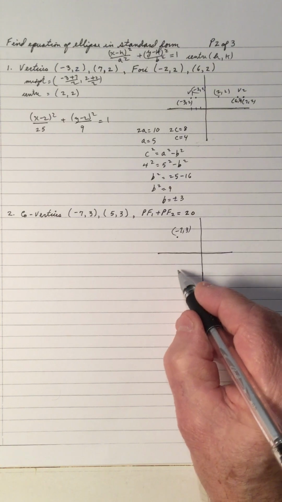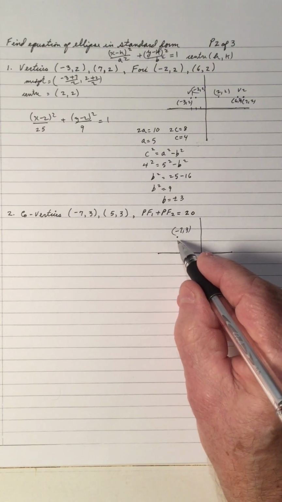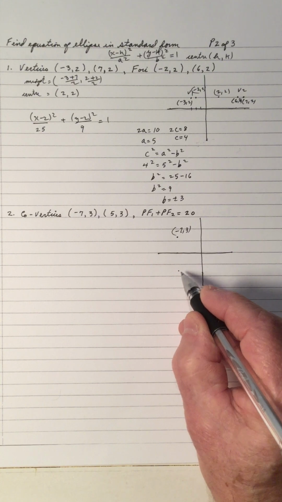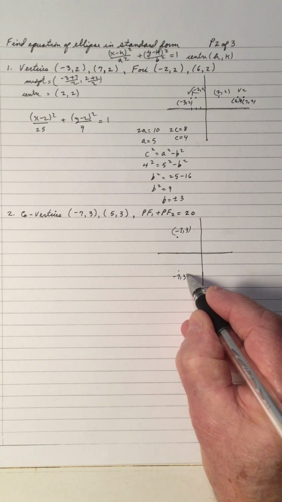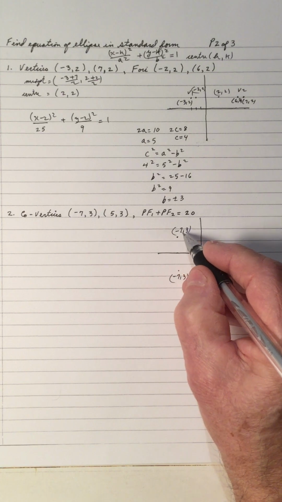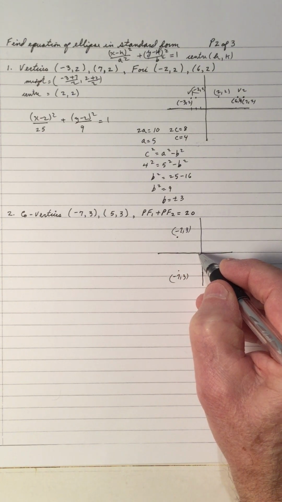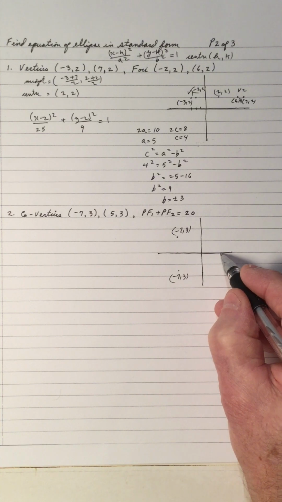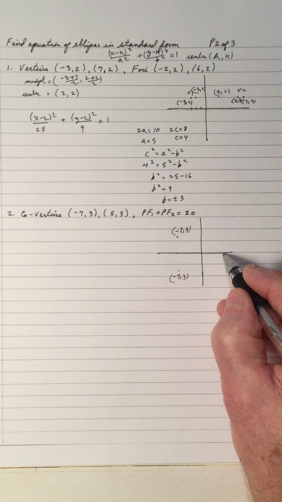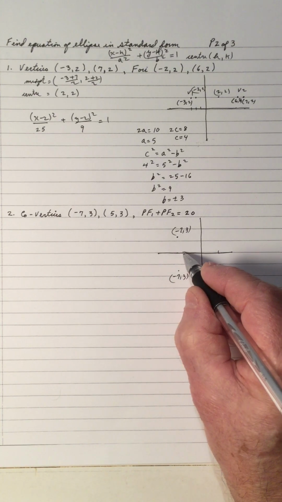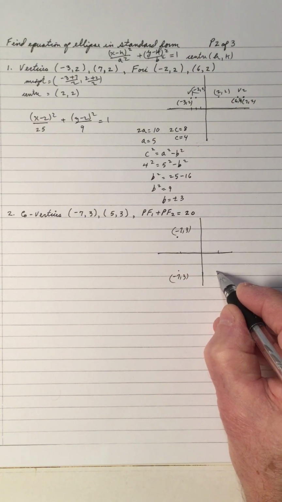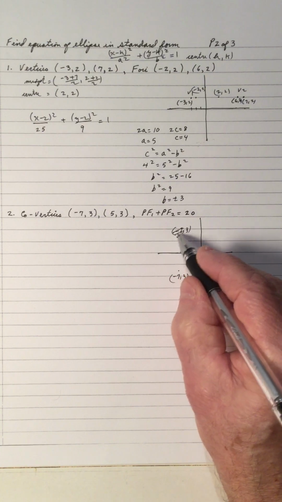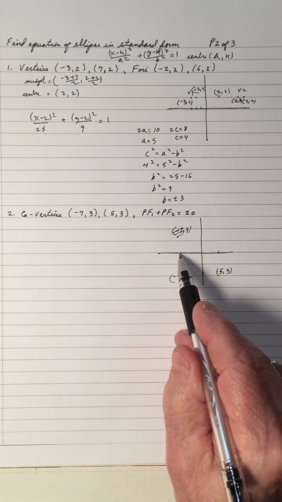And 5, 3. X is 5 and y is 3, so let's say that's right here. So there's 5, 3. Sorry about that error, that's wrong. X is negative 7.